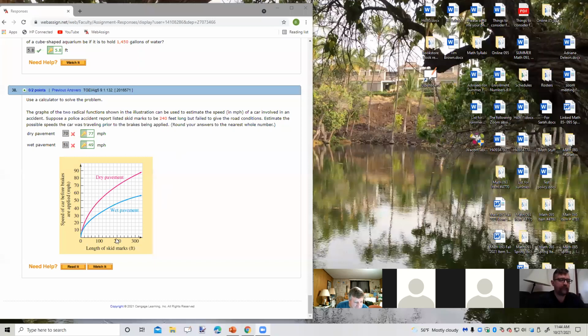Okay. All right, so 240 feet, so 200, 220, 240 would be right there. So wet pavement, I would say 50. They're saying 49. And here I'd say it's about 77. So again, don't freak out over that one. There must be something missing, and there shouldn't be any issues come test time on that one. Okay. All right, now.